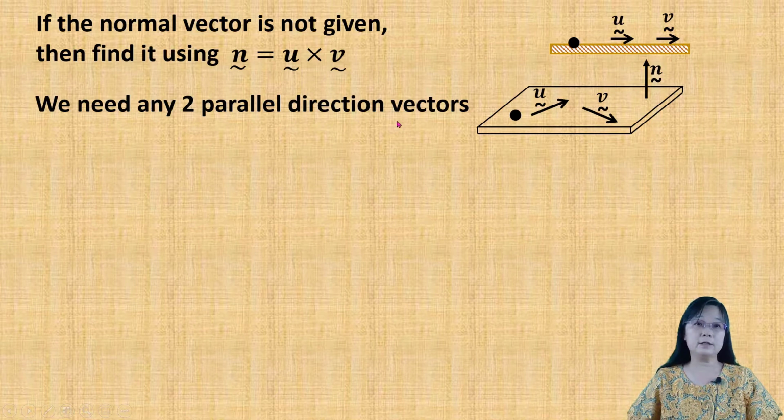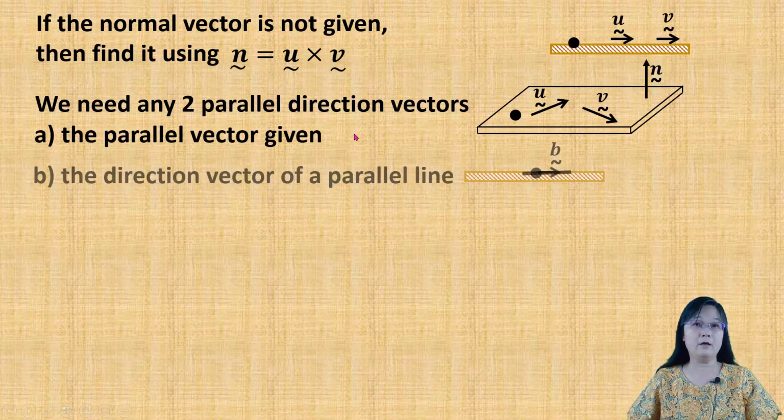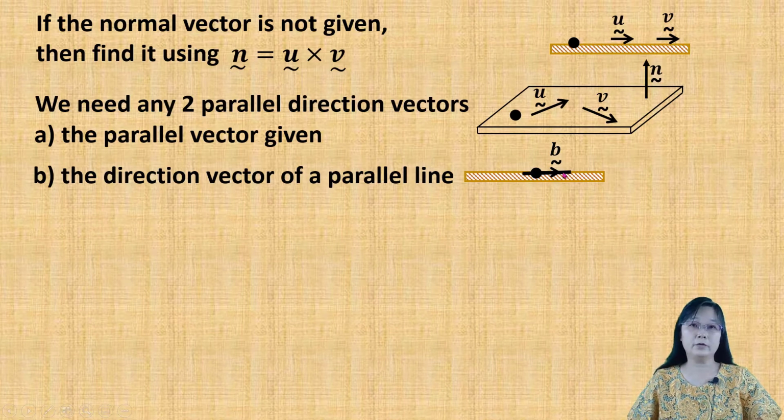The direction vectors can be taken from any vector that is parallel to the plane, or from the direction vector of a straight line which is parallel to the plane.